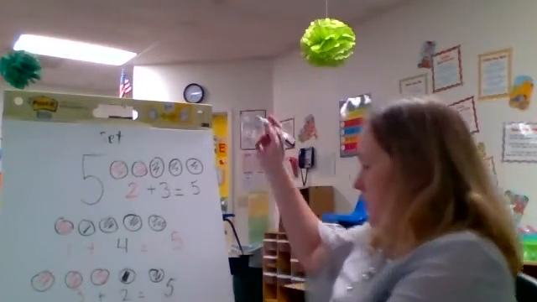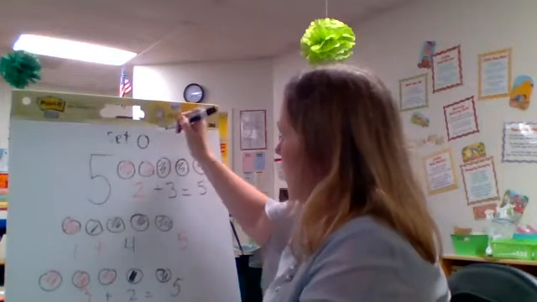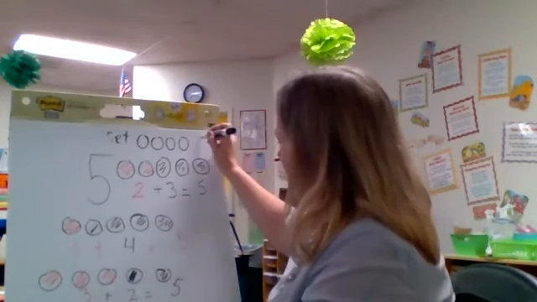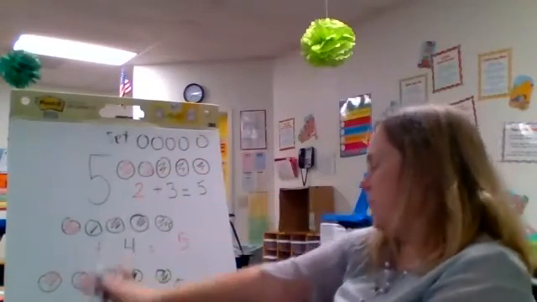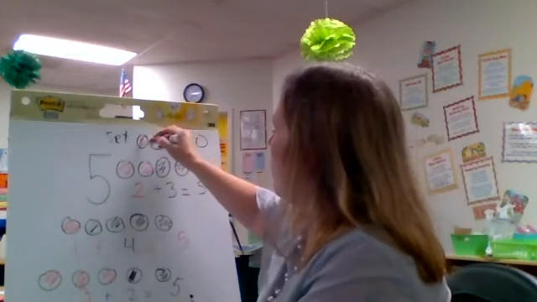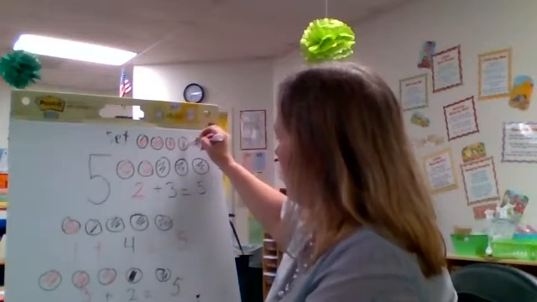Okay, I'm going to go back up to the top. I'm going to draw 5 again. Count with me. 1, 2, 3, 4, 5. So I colored 1 red, 2 red, 3 red. How many red am I going to color this time? I'm going to color 4. 1, 2, 3, and 4.